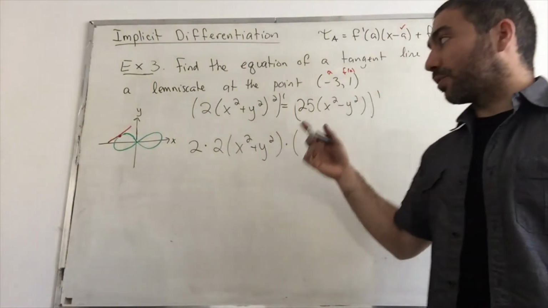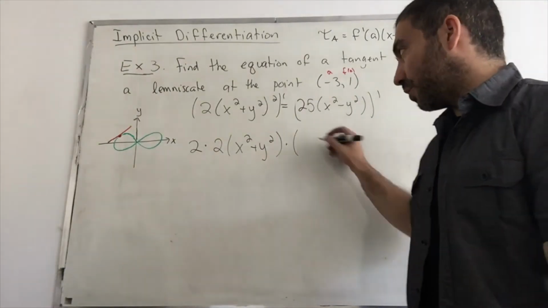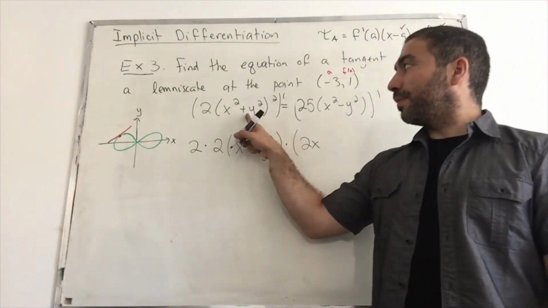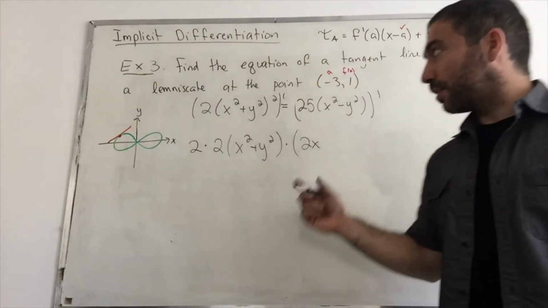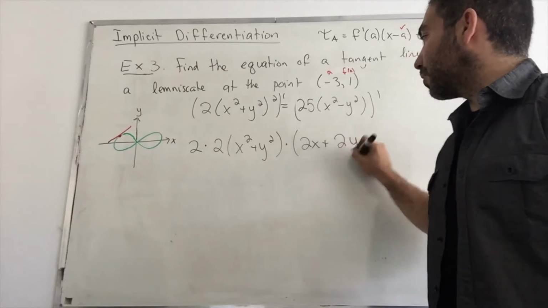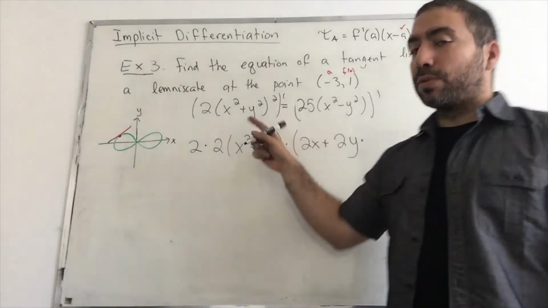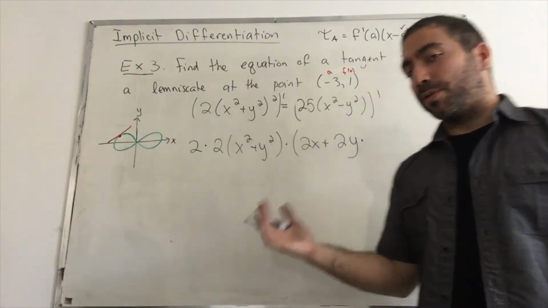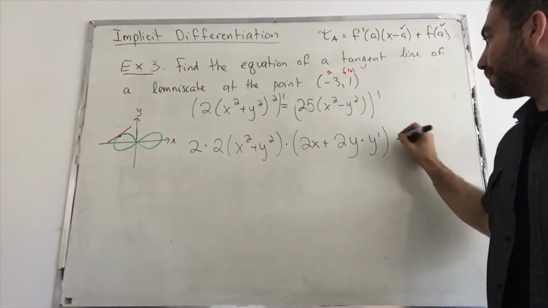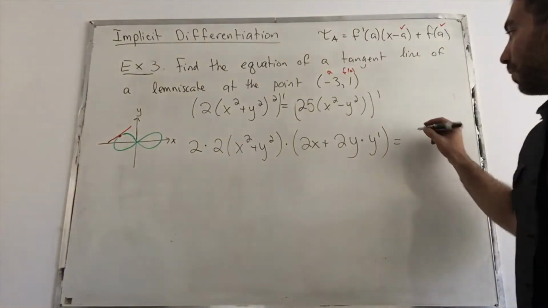The derivative of x squared with respect to x, just normal power rule, is 2x. And then the derivative of y squared with respect to x, we get plus 2y, and because we're deriving y with respect to x, we have to multiply by y prime. Okay. And this is equal to the right side.